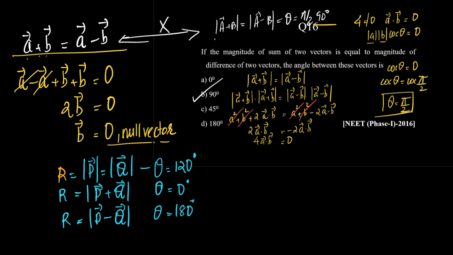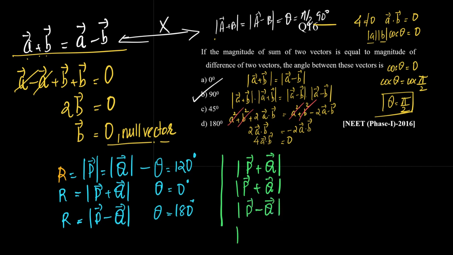Okay. Now, let's add one more result for your convenience. See, vector A, we use P here, so let's use P. So vector P, modulus of vector P plus vector Q, modulus of vector P plus vector Q, modulus of vector P minus vector Q, and modulus of vector P minus vector Q. Why am I writing it 4 times?